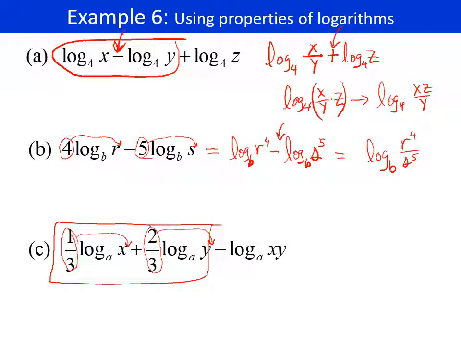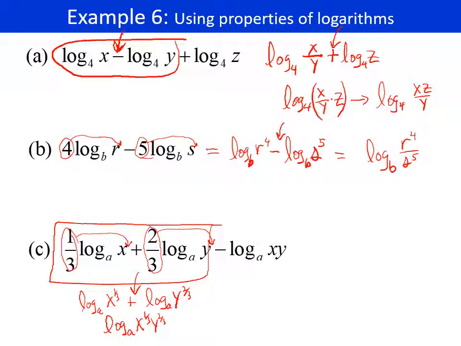So this is the same as the log base a of x to the 1/3 plus the log base a of y to the 2/3. We can now put those together into a single log base a of x to the 1/3 y to the 2/3 multiplied.